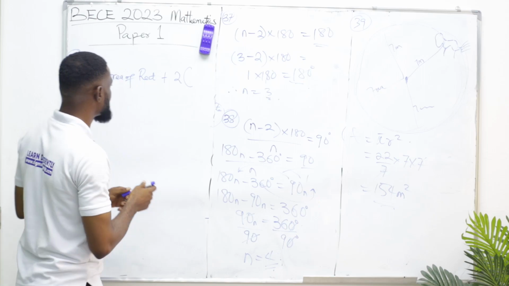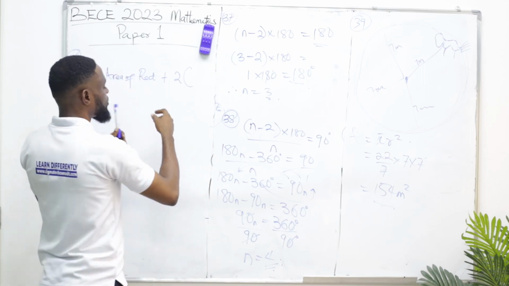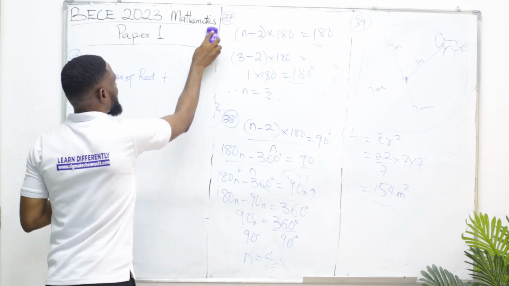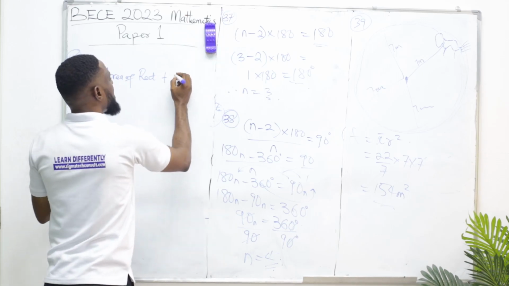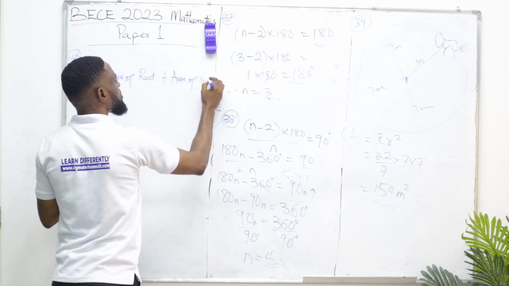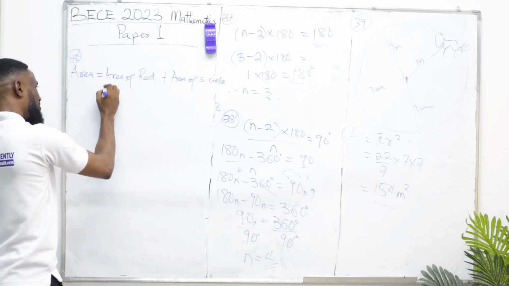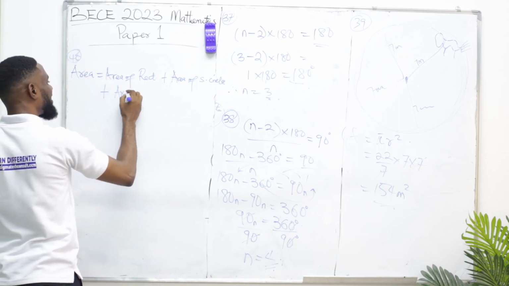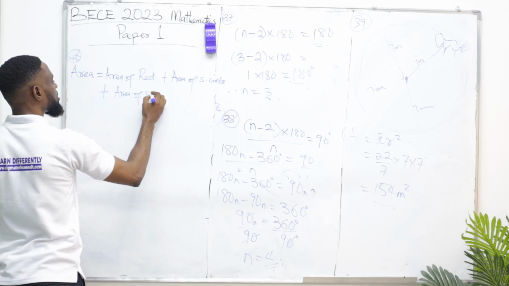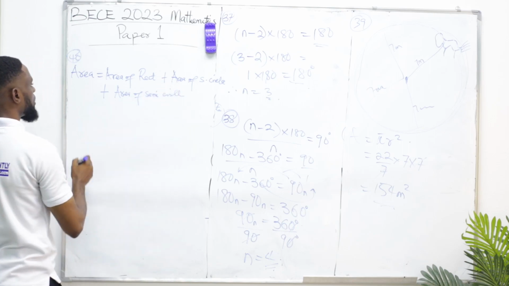Area of a semicircle is, we have the first area here and this first area here. So what we have there is area of semicircle, plus another area of semicircle. Is that okay now?